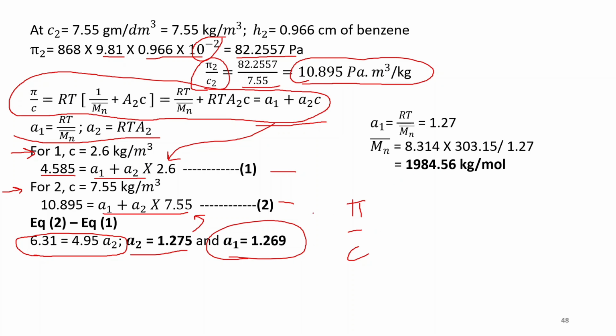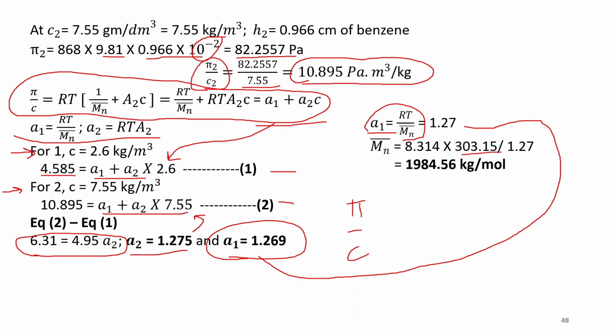So for calculating the number average molar mass, we can take A1 equal to RT by Mn bar, where the A1 value is 1.269, which is about 1.27, right? So Mn is equal to RT, which is 8.314, into T, which is the temperature 303.15.